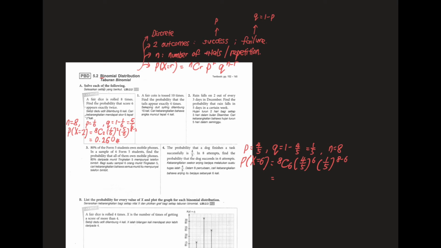So 8C6, (4/5) to the power of 6, and then (1/5) to the power of 2. So we get 0.2936. Okay, so that's how we do it. Now let's move on.